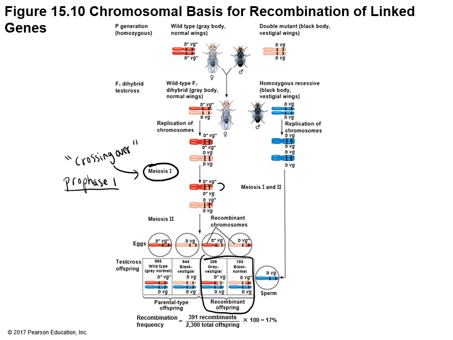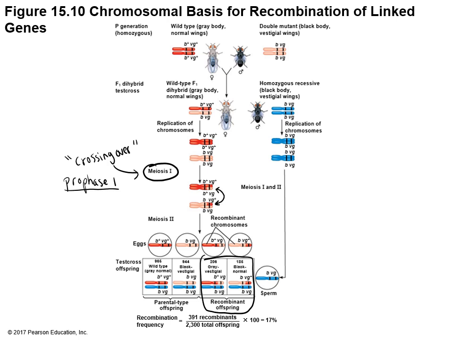We can see the first crossing over event here. So VG plus and VG are going to switch between the homologous chromosomes, and we are going to produce two recombinant chromosomes. Sorry, that is not correct. So the switch happened here. My bad.